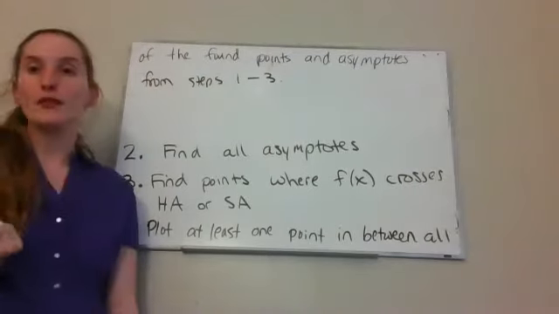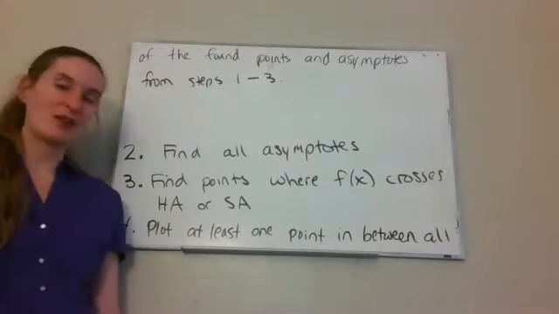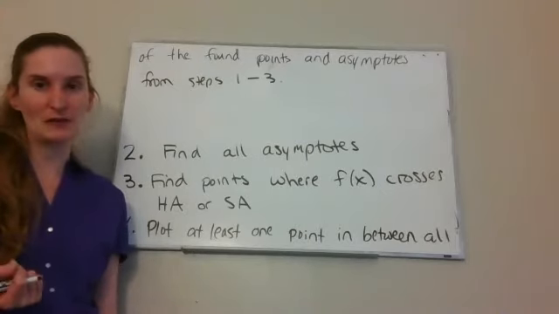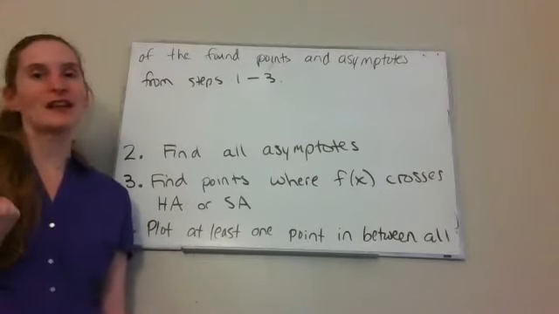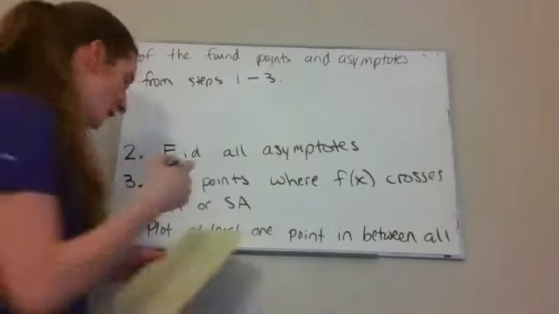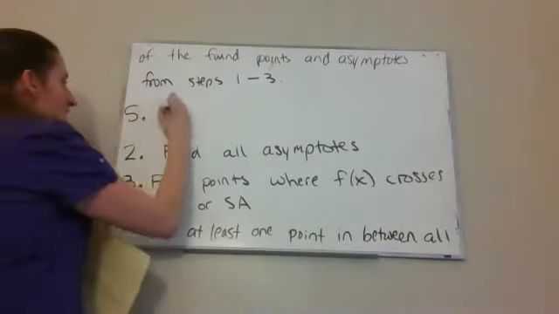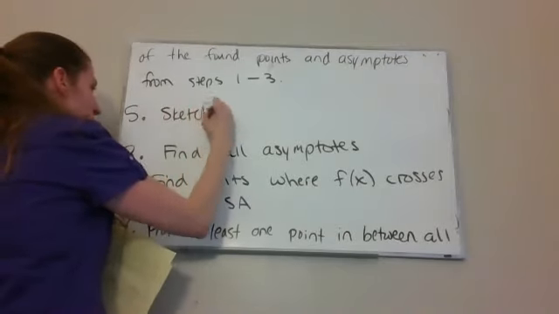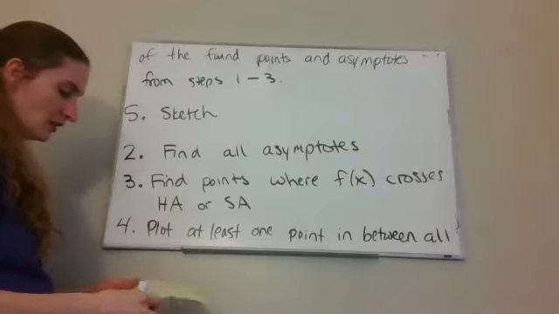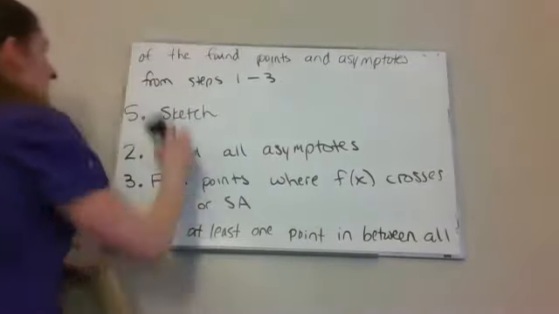So steps 1 through 3, we found some intercepts, we found some asymptotes, and we potentially found some points on the asymptotes. Step 4 is to just find at least one point in between all of these other ones. Then step 5 is just sketch. So let's go ahead and do a couple examples of this so you get the idea.